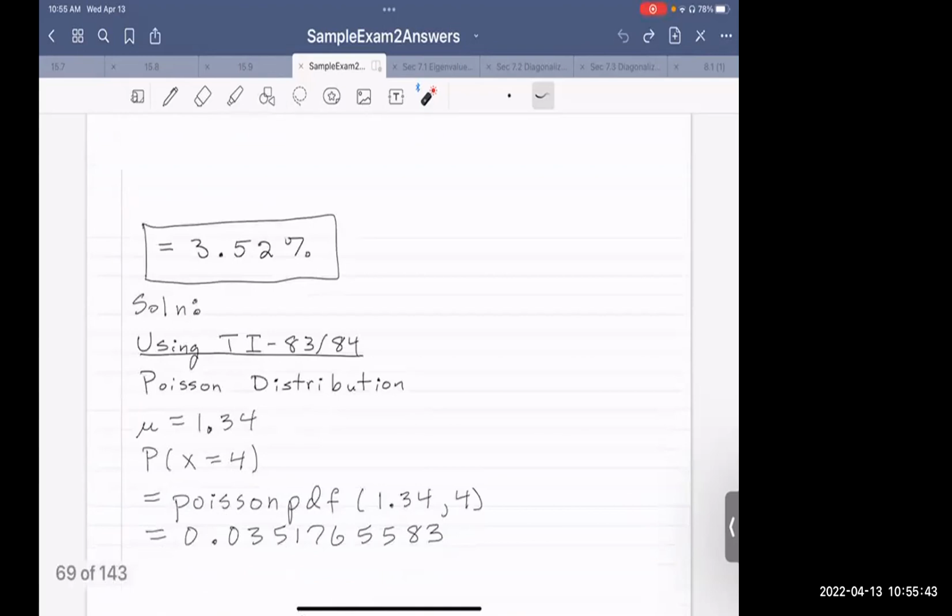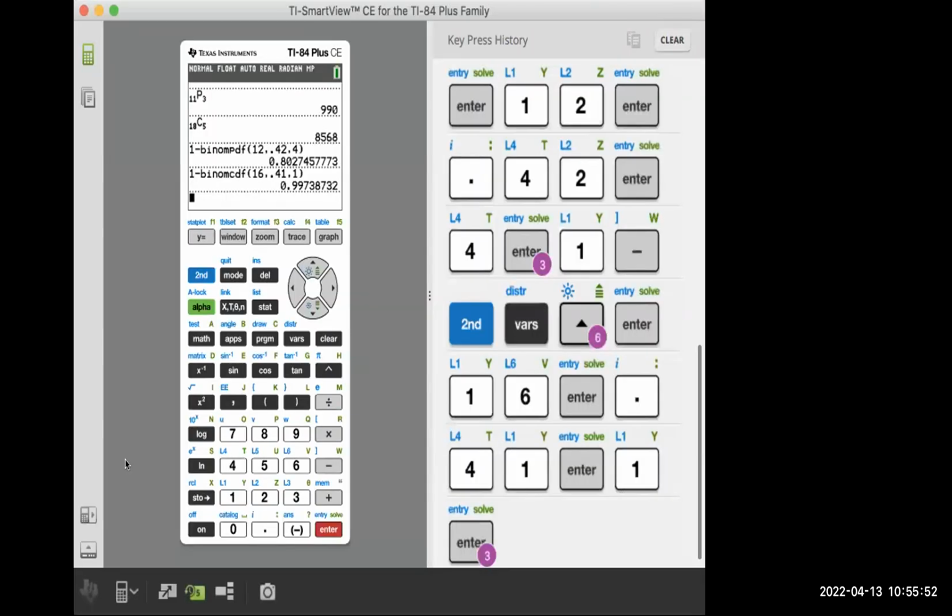If you were solving this using your TI-83, TI-84, then again, this is a Poisson distribution. Mu is equal to 1.34. I want to find the probability x is equal to 4. And so let's type in the following command.